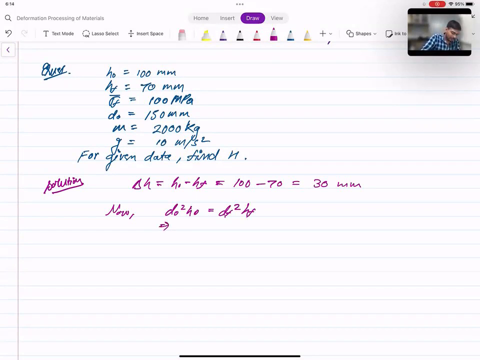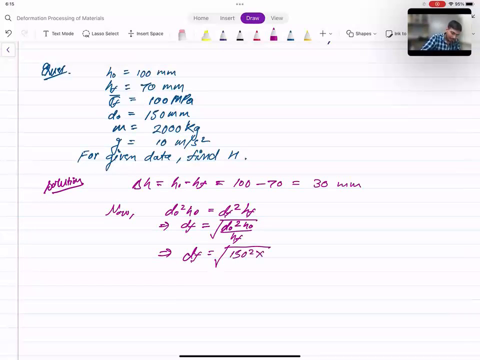Upon solving, we simply get this df value as root over d naught square h naught by hf. And upon substituting the values, this df comes out to be root over 150 square into 100 by 70.